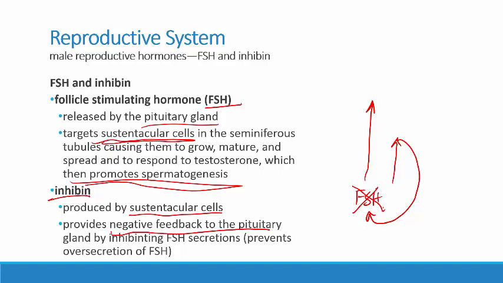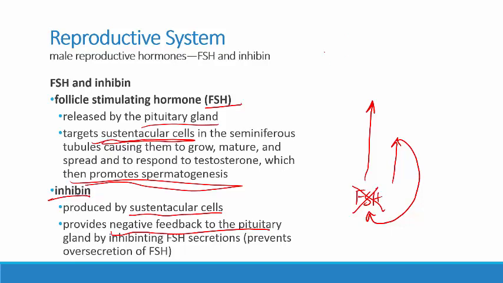As FSH is secreted, sustentacular cells become active and produce a lot of chemicals, including inhibin. The more FSH that's being secreted, the more inhibin the sustentacular cells will produce, and that will slow down the amount of FSH being produced.